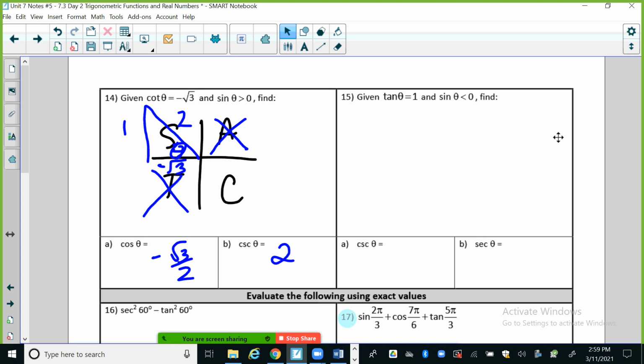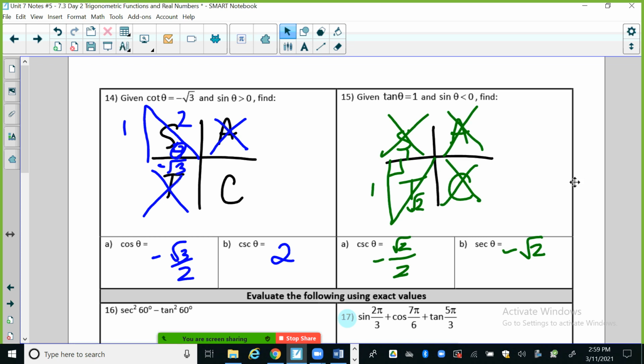All right, and then here's number 15. Go ahead, check that. And let me know if you have any questions.